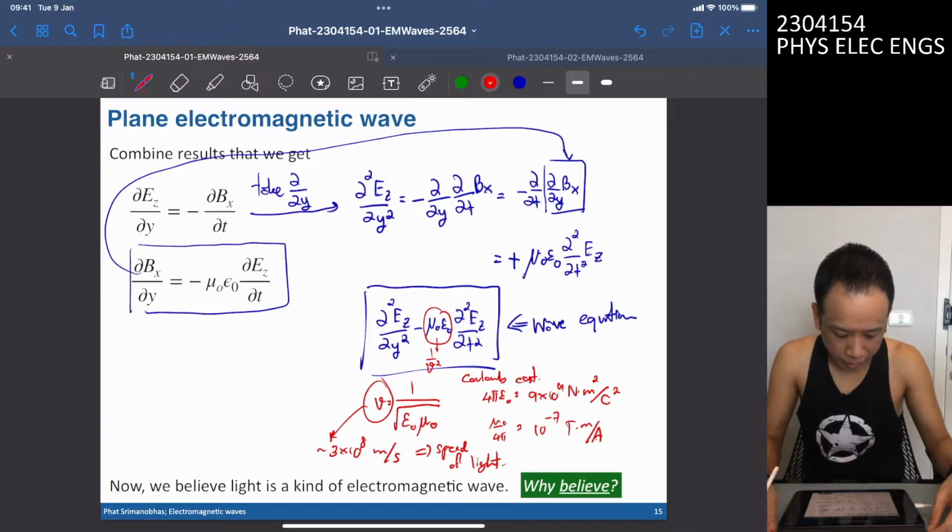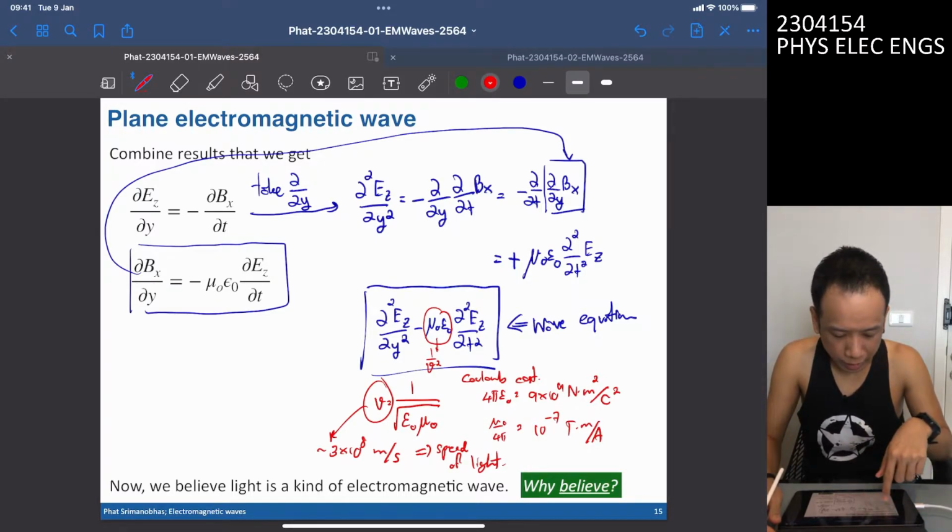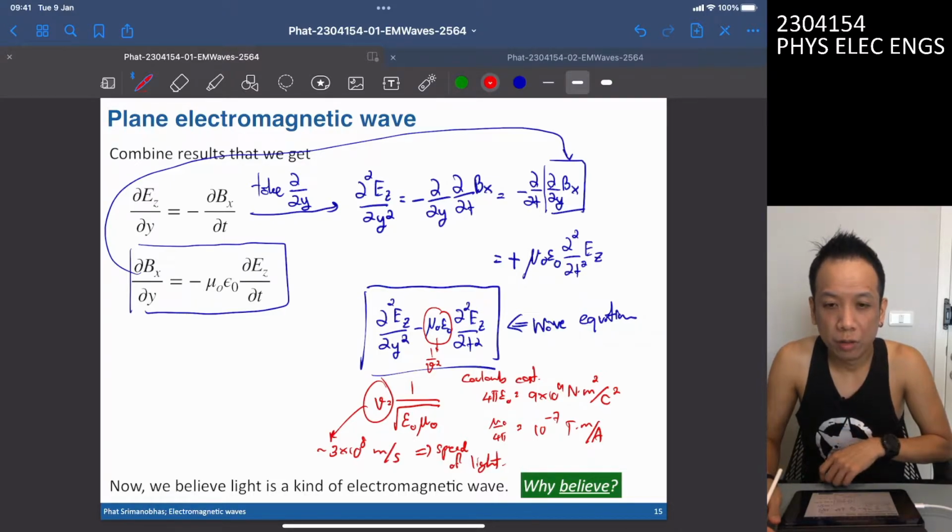So from this, we can believe that this E field, and if you do it a different way, taking the second derivative of Bx over y and changing the right hand side instead, the E field and B field follow the wave equation, and it has the speed of light.